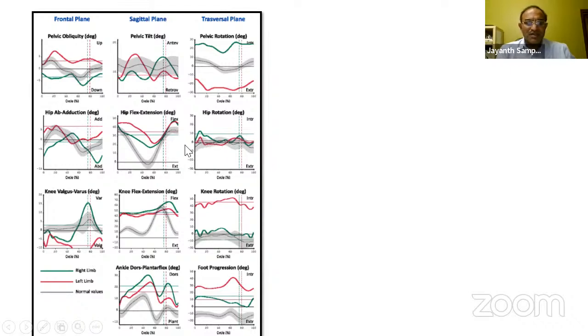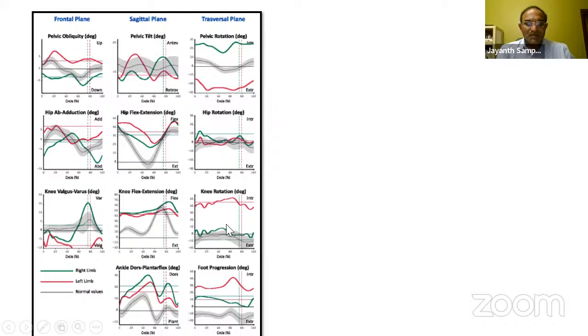Hip rotation, you can see that it's almost within normal limits. So what is happening is the left hip is actually quite severely internally rotated, but the body is compensating for that by adjusting it through left hemipelvic retraction.